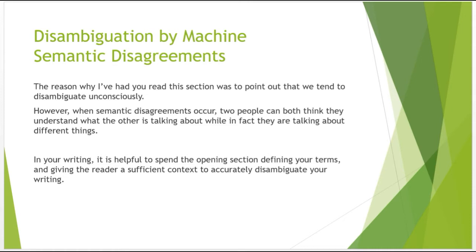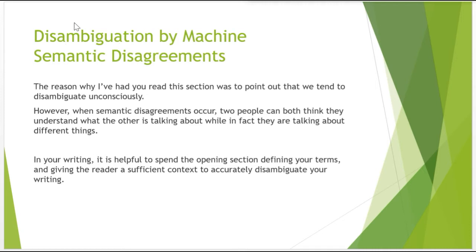Disambiguation by machine and semantic disagreements. It's important for you to at least be aware that your brain is constantly working to contextualize, to disambiguate, to make sense of my sentences, my words, and anything I use.